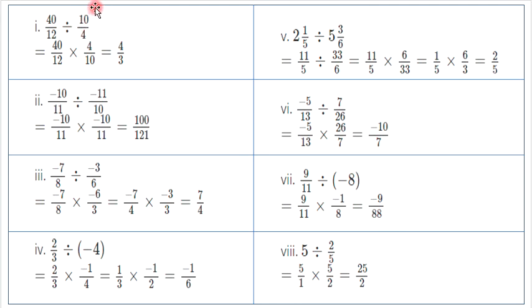So the multiplicative inverse of 10 upon 4 will be 4 upon 10, and then all you have to do is simply reduce. The zeros from numerator and denominator will get cancelled, and 4 ones are 4, 4 threes are 12, and as a result we have just 4 upon 3 as the answer. So this is how we divide the rational numbers.